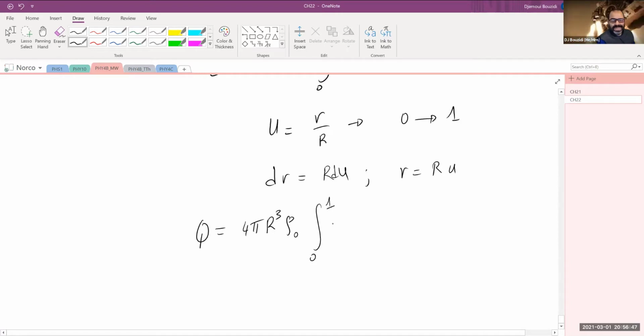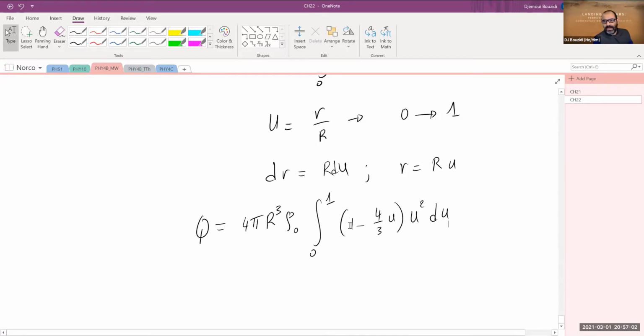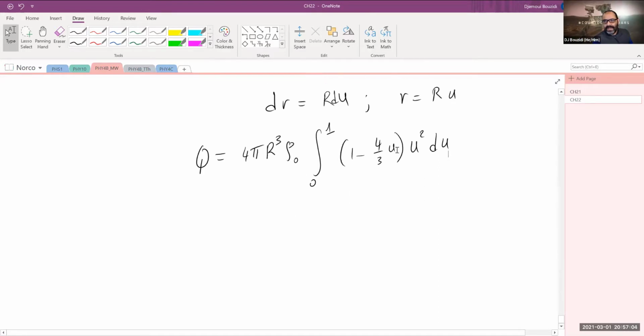The boundaries of integration in this case are from 0 to 1 of 1 minus 4 over 3 u times u squared du. Okay, obviously this is just a polynomial, basically the integral of simple stuff, so I'm going to multiply u squared and integrate that part, and I'm going to have a u cubed. When I integrate, it's going to be u to the power 4 divided by 4.